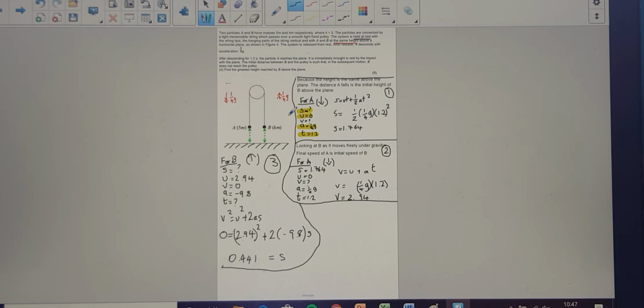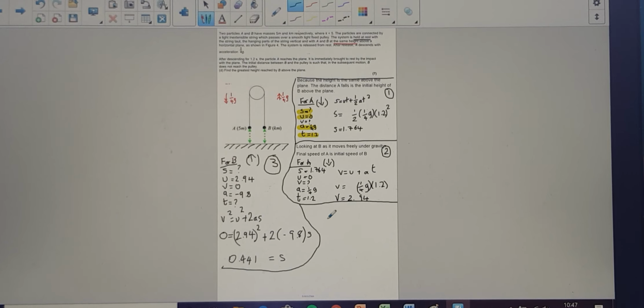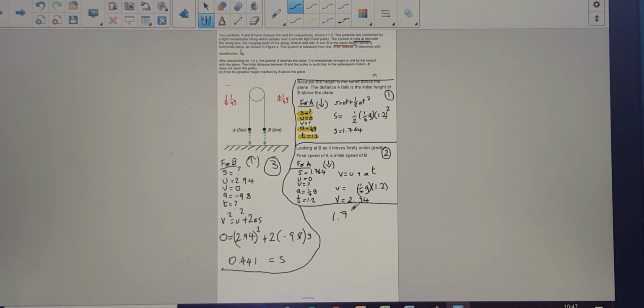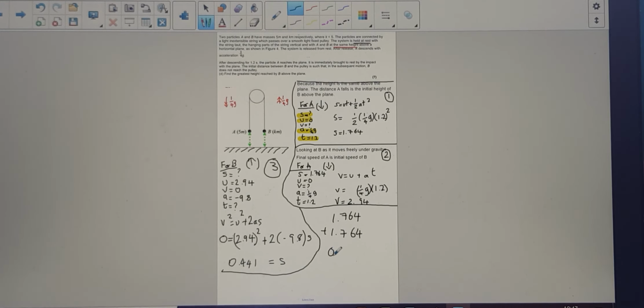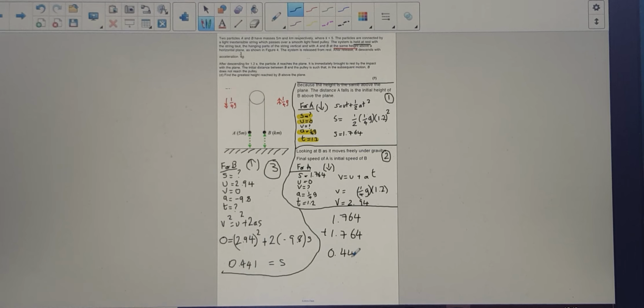Let's think about what's happened now. Initially B was 1.764 above the ground. As A moved down 1.764, it moved a further 1.764 up. And then finally it was the distance it moved up when it was acting freely under gravity, once the tension's gone in the string, which was 0.441.